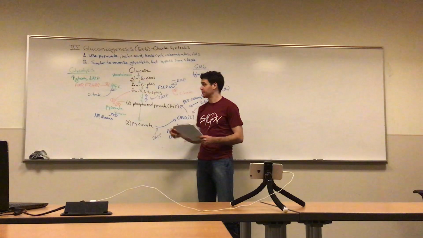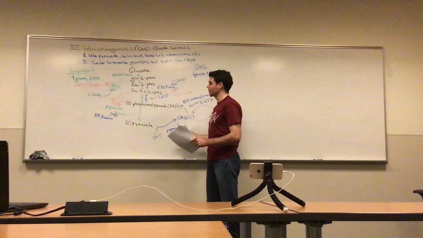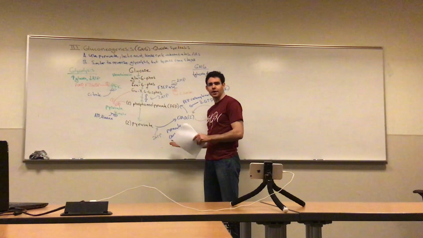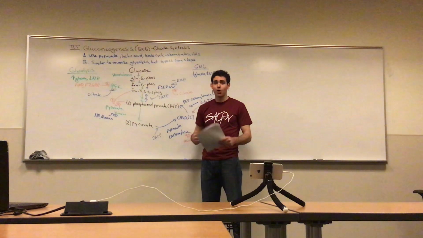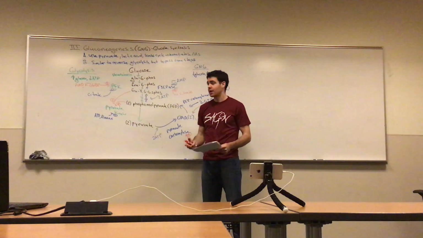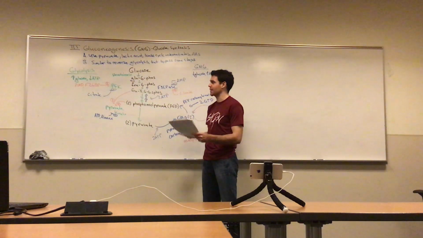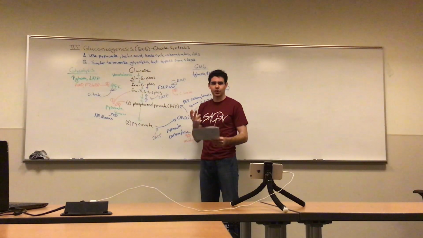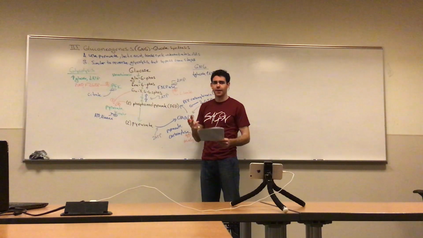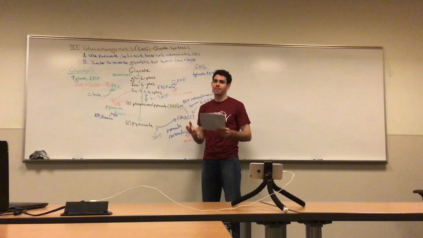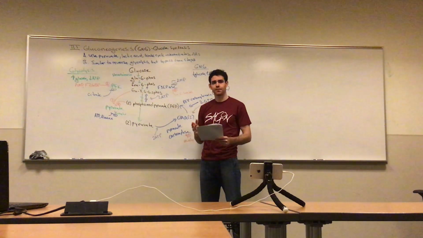That's an important concept because when you look at it on the board, you think, I'm either doing one or the other. But in a biological system, both are happening at the same time. So it's these concentrations of citrate and AMP that determine the base flux through the pathway.